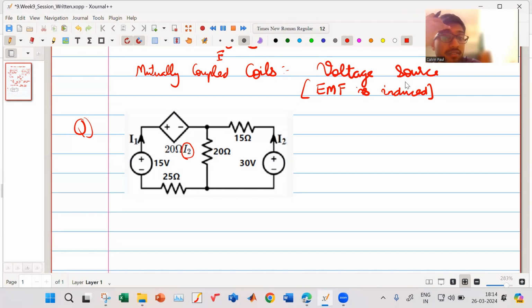Nodal analysis. Okay, so this is my reference node, and this is my node. Let me call this node Vx. So let us start nodal analysis. How will we write KCL here?